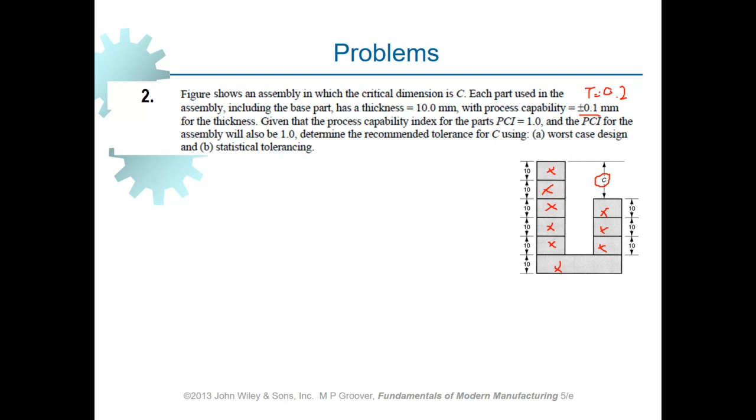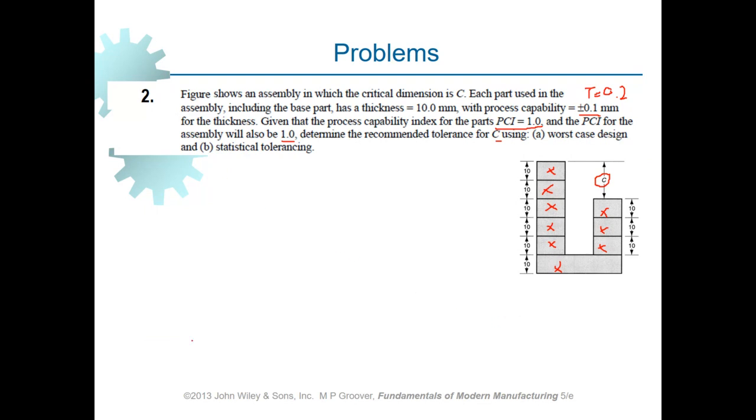That's the value of tolerance for each of the parts. And then, given that the process capability index for the parts is equal to PCI of 1, and also the value of PCI for the whole assembly is the same value, is 1. Determine the recommended tolerance for C using A, worst case design or traditional design, and B, statistical tolerancing.